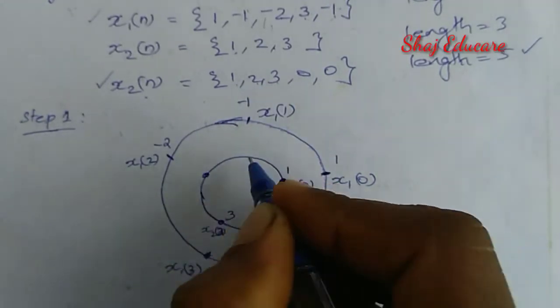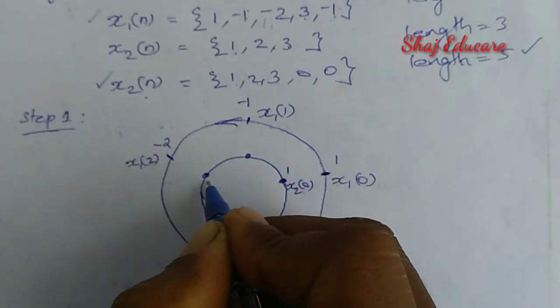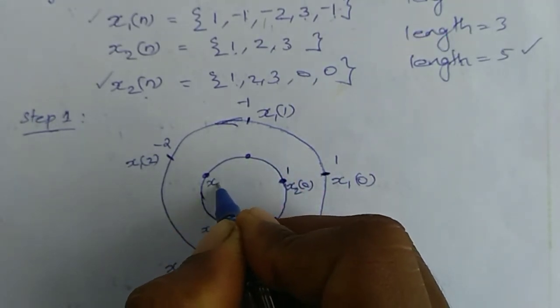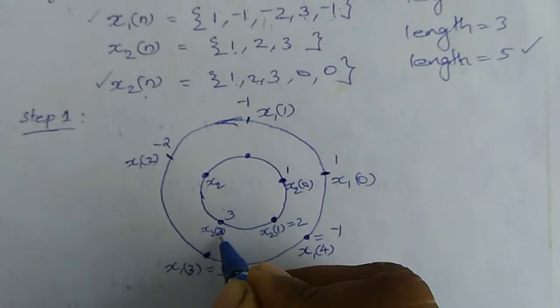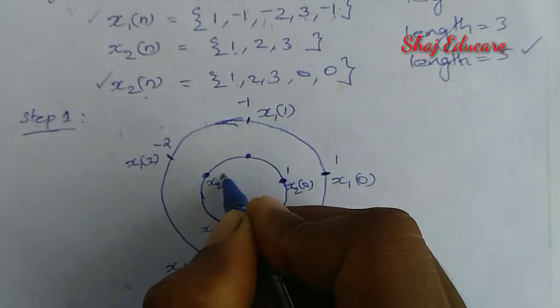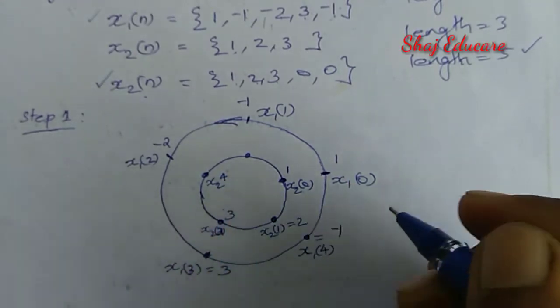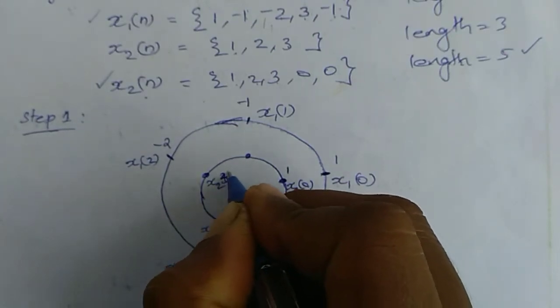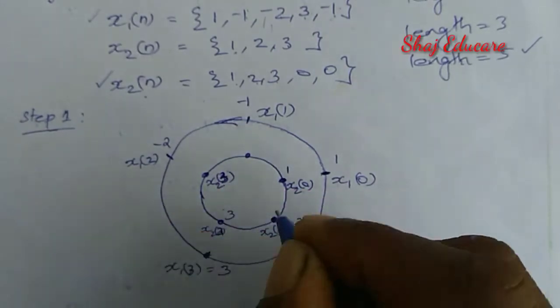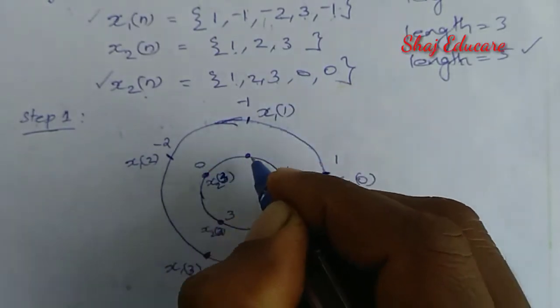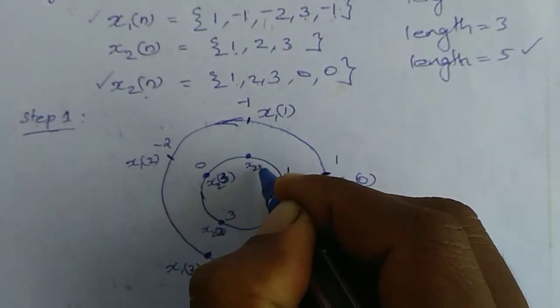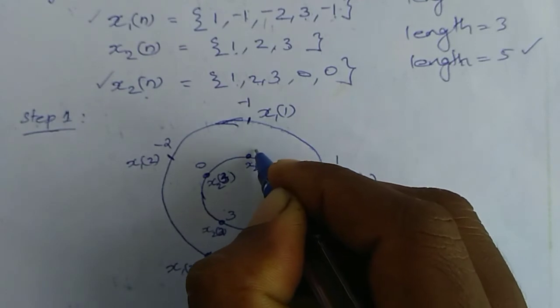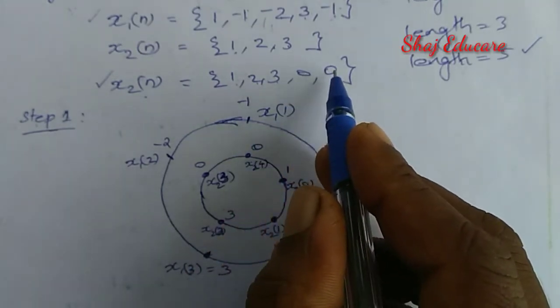And the next element after that is x2 of 3, which is equal to 0. And finally x2 of 4, that should be 0, that is 0 here.